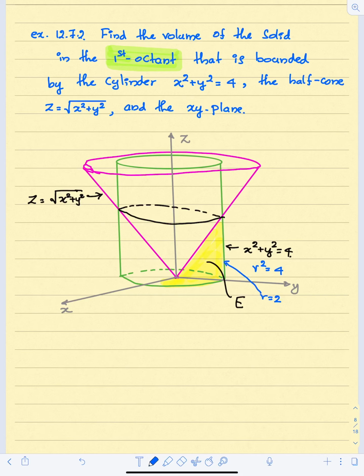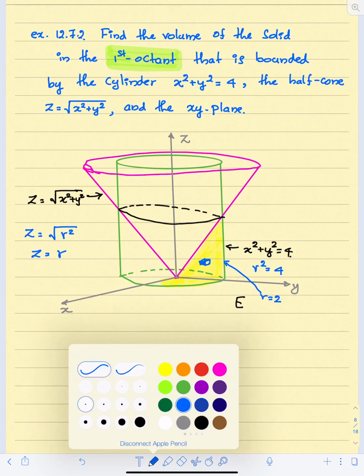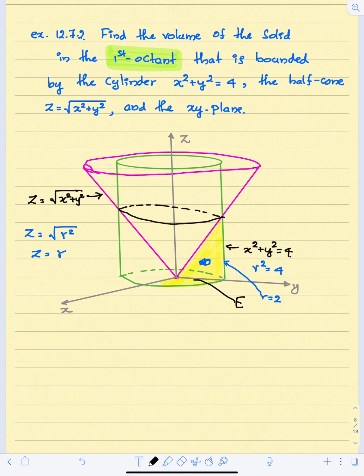Now the equation of the half cone: z equals the square root of r squared, therefore z equals r. Now our volume element is over here. That's dV.